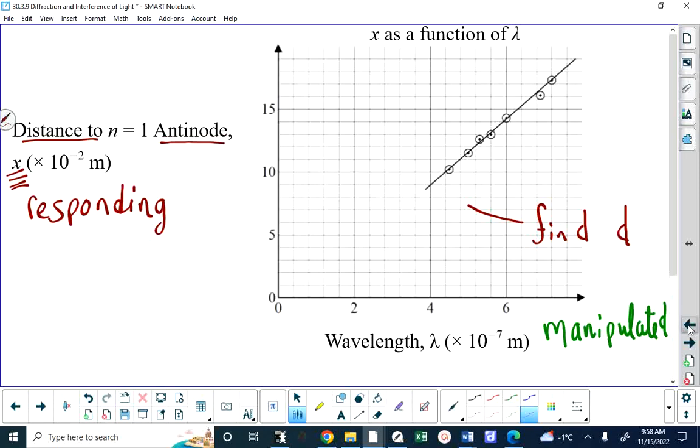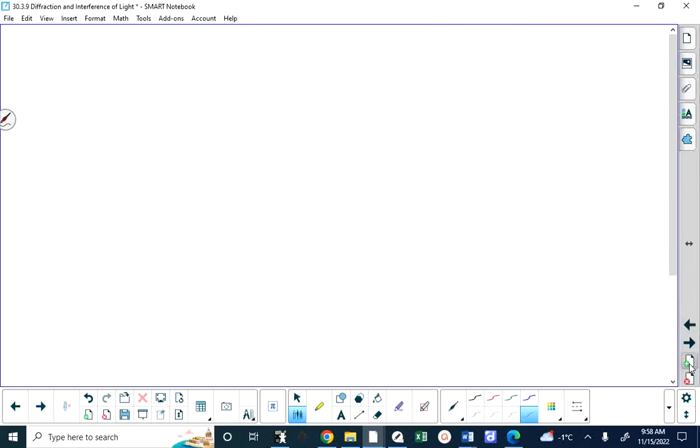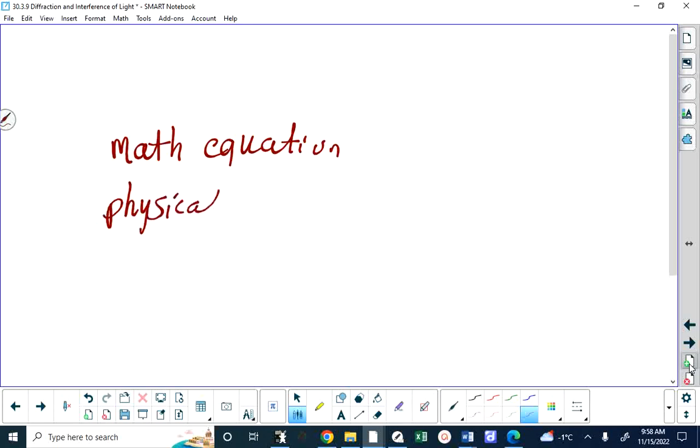Well, what we need to do is compare, and the number of graphical analyses we look at from here on in is going to start climbing. We have to keep reviewing this. We have to compare the math equation of the graph and the physical equation. In case it's not clear, physical means physics.